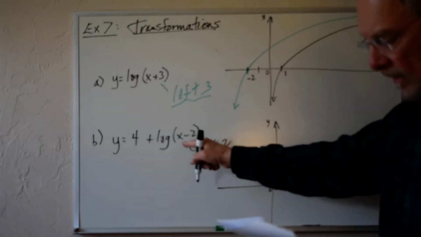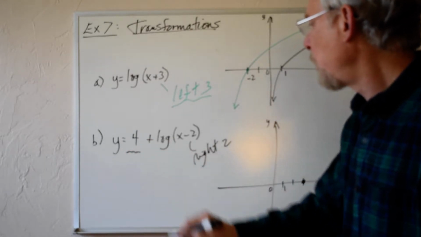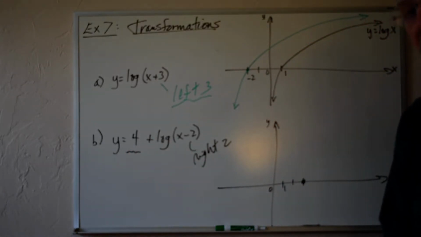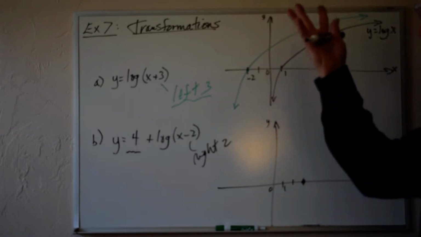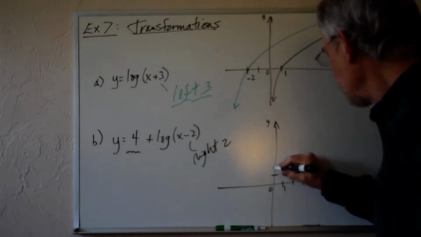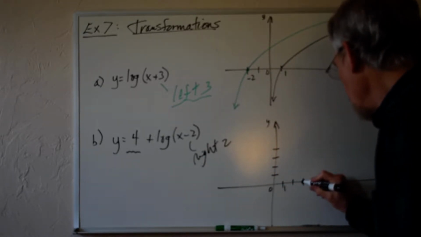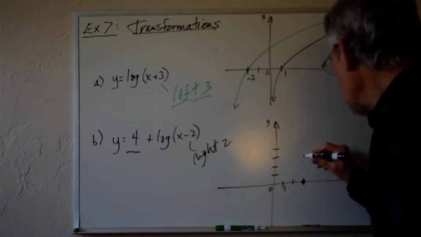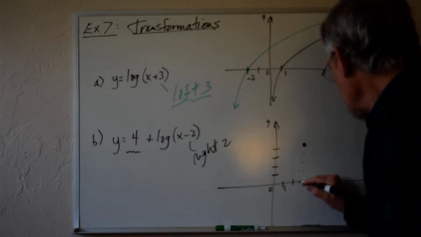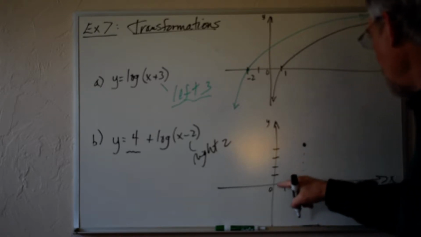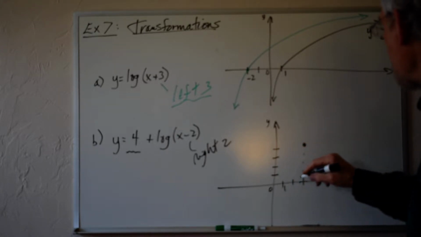But that's only taking into account the x minus 2. I also have this 4 being added on. And we know what happens when you add 4 onto a function. It shifts it up 4 places. So the point is not really going to appear there. It's going to be there. That's what happens when I shift 2 to the right and then up 4.